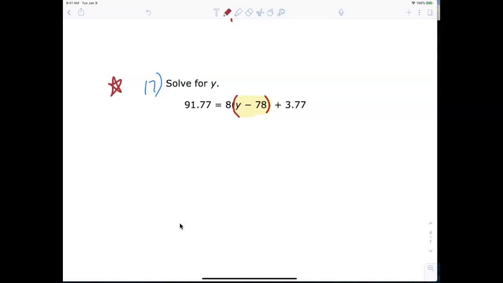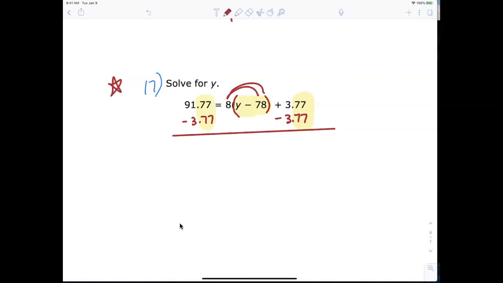So just like before, I could subtract 3.77 from both sides. Now, why do I know that's better? Because I don't feel like multiplying 8 times 78 and then adding decimals. I noticed that this 0.77 and this 0.77, if I subtract, would cancel.